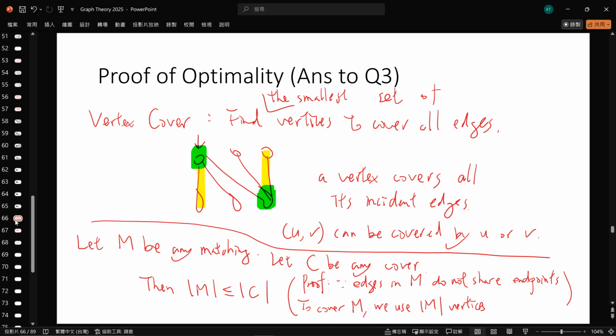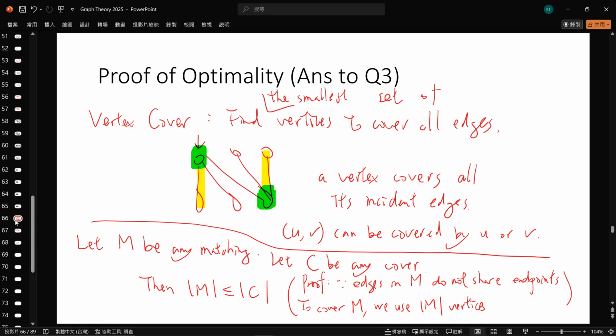We want to maximize the number of edges in the matching. So in this maximization problem, we want to find an upper bound. When our solution meets this upper bound, which means they are equal, this means it is actually the best because it already meets the upper bound. So we want to find an upper bound for the size of the maximum matching.